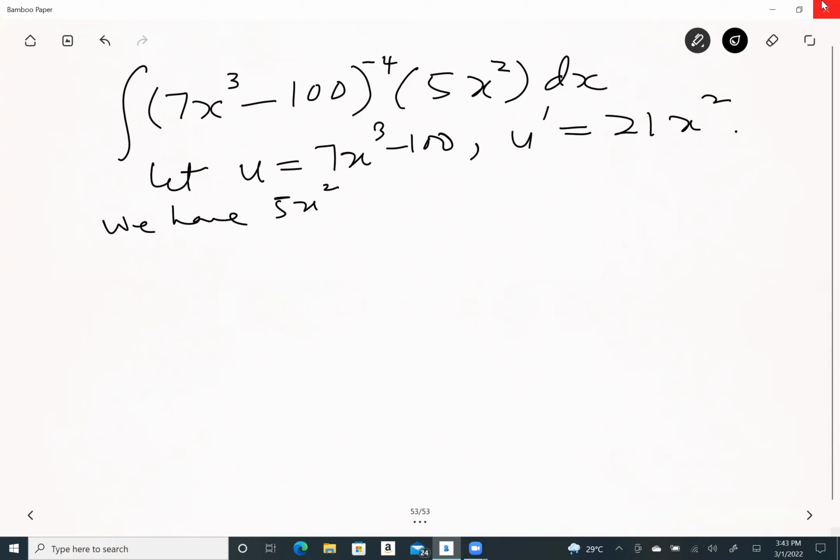How can you make it u prime, which is 21x squared? What do you multiply that with? Anybody who can suggest, you multiply by what number? Ratio of what number?